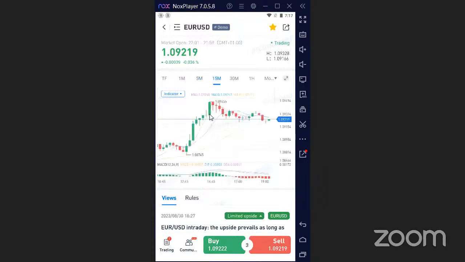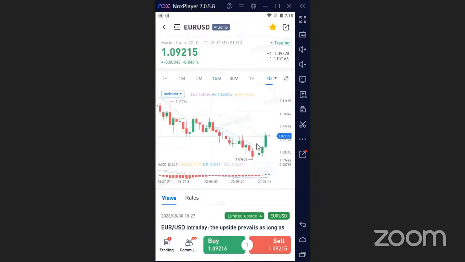On the 15 minute, it takes 15 minutes before a candle finishes printing. Then they have the 4 hour, the daily, the weekly, and the monthly. If you click on the daily right now, you see it took a whole day, from yesterday till today, for this candle to finish printing.